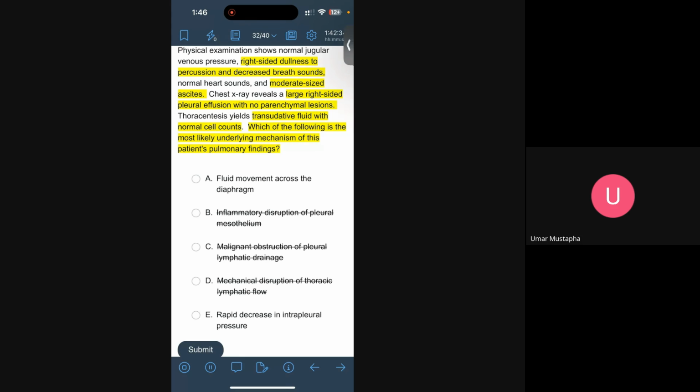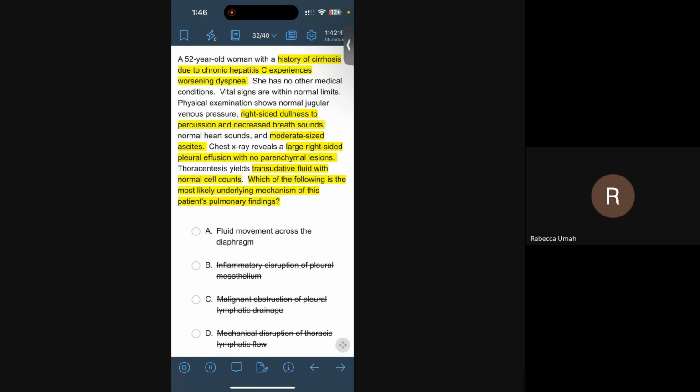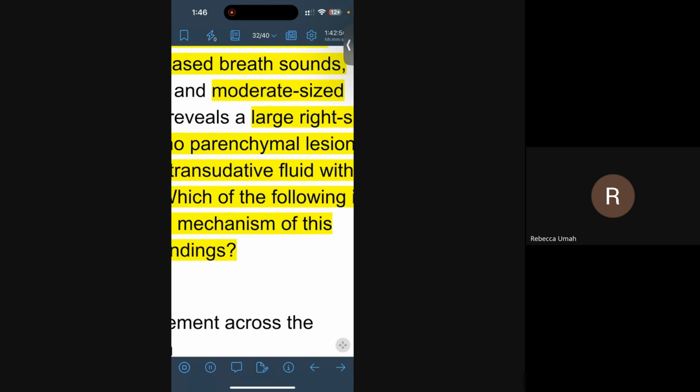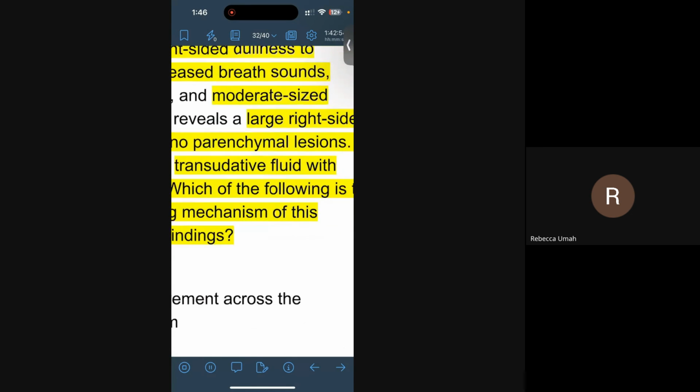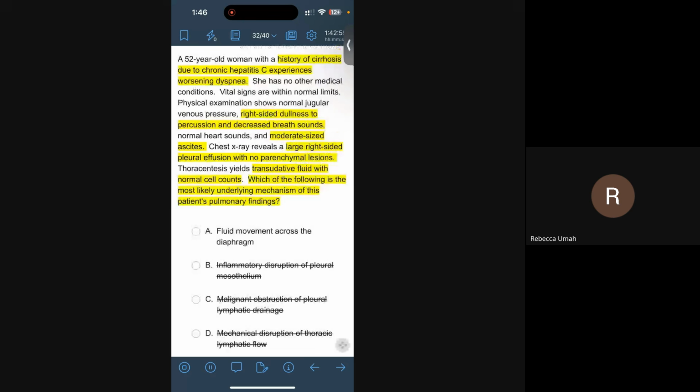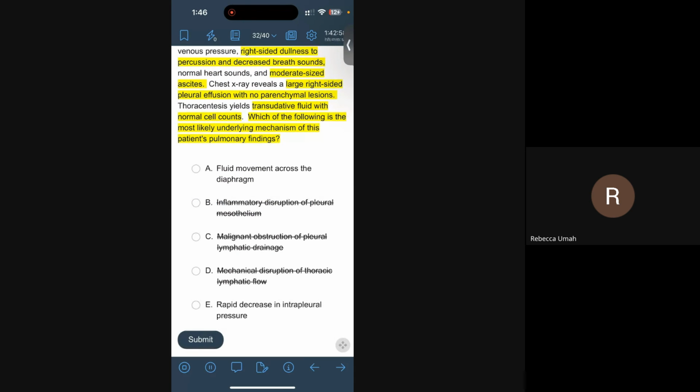Lung collapse, atelectasis. But in our question, he has clearly mentioned on chest X-ray a large right-sided pleural effusion with no parenchymal lesion. That eliminates that option, so the only option we are left with is fluid movement across the diaphragm.